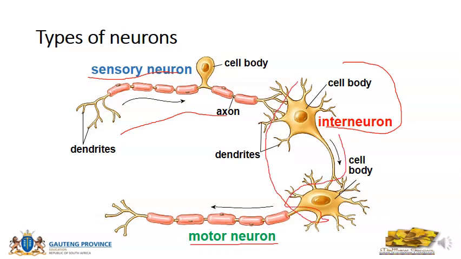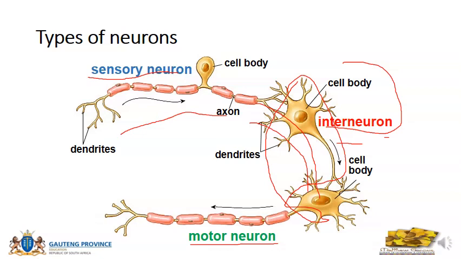Otherwise, it's also called the connector neuron because it connects these two neurons, or also called the relay neuron because it relays impulses between these two neurons. So sensory, inter, and motor neuron.